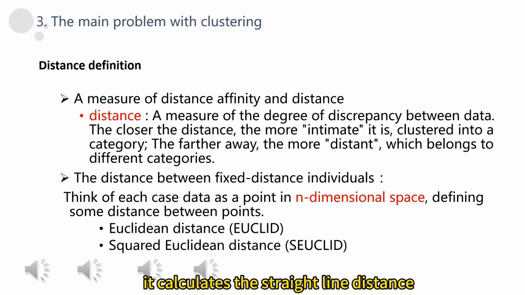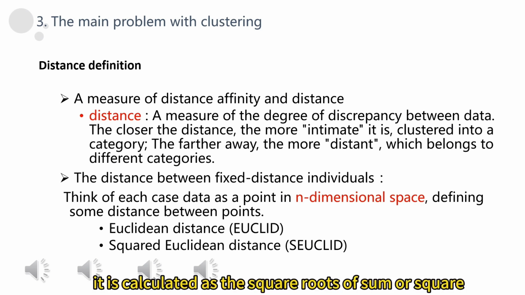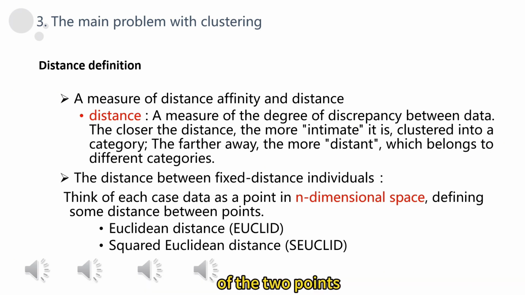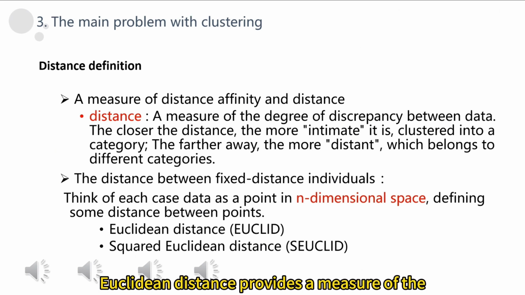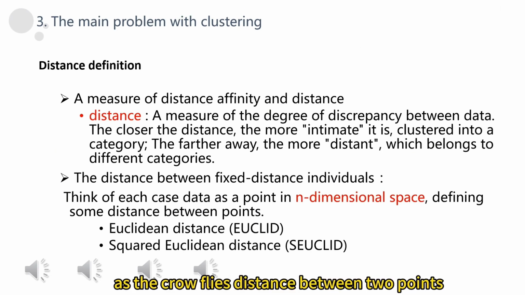It calculates the straight line distance between two points in n-dimensional space. It is calculated as the square root of the sum of squared differences between the corresponding coordinates of the two points. Euclidean distance provides a measure of the as-the-crow-flies distance between two points.